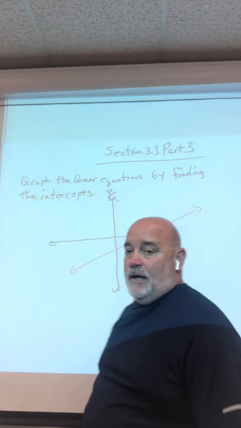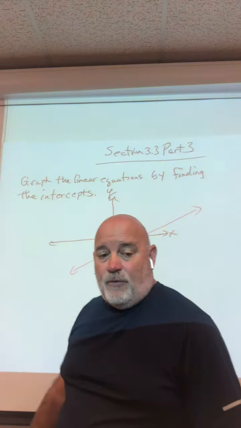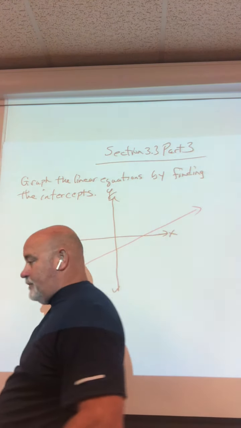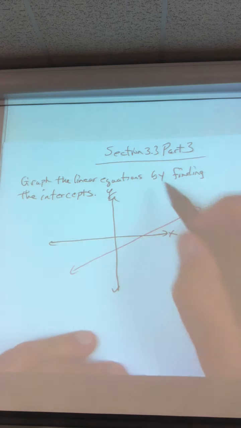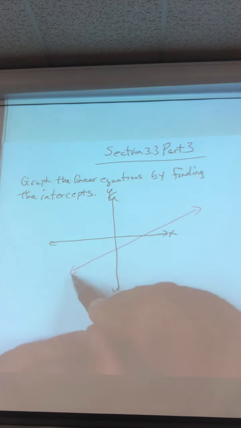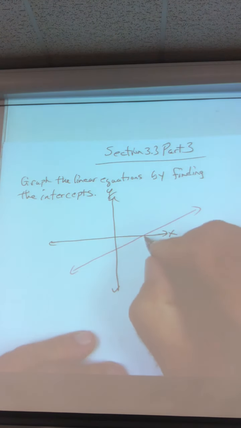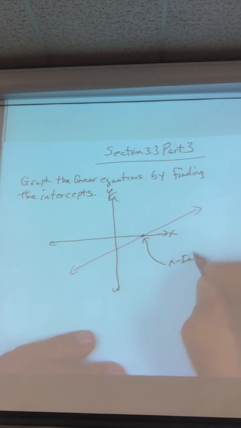Okay, now let's talk about this for just a second. Before we get to a problem, I mentioned this to you in section 3.1 video part 1. If you're talking about a straight line, the point where that graph crosses the x-axis, we give it a special name called the x-intercept.